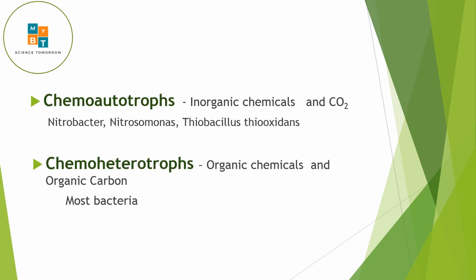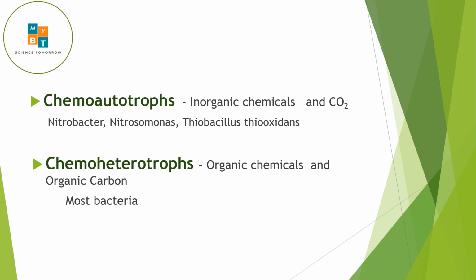The third type is chemoautotrophs. They use inorganic chemicals and produce their own food using carbon dioxide. Examples are Nitrobacter, Nitrosomonas, Thiobacillus, Thiooxidans. Chemoheterotrophs use organic chemicals. They use organic chemicals and organic carbon.